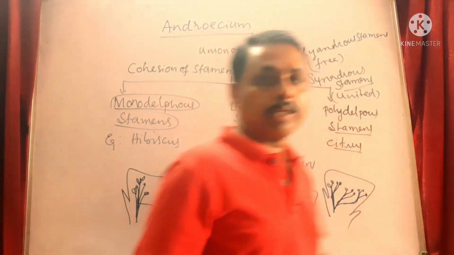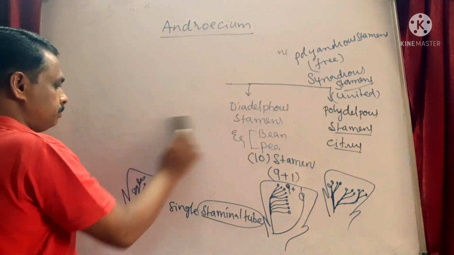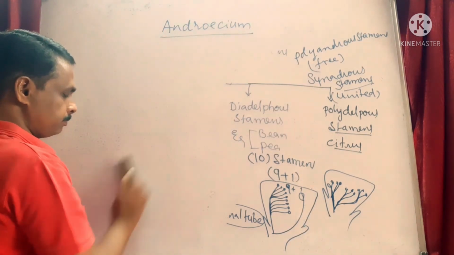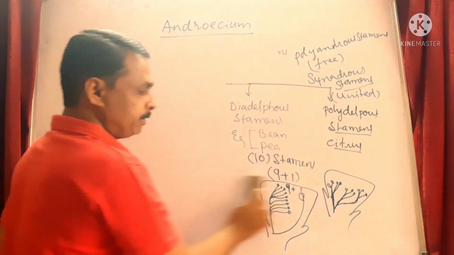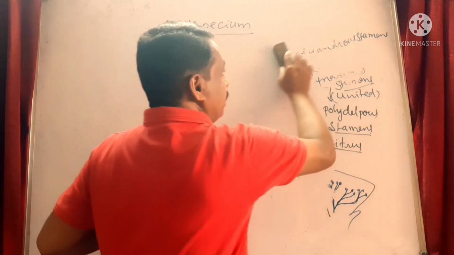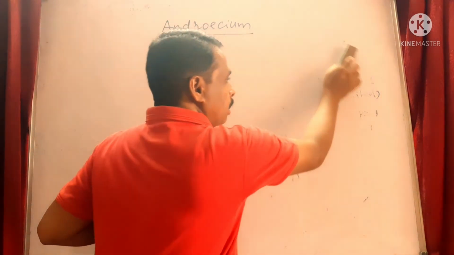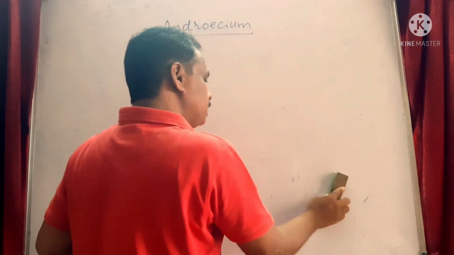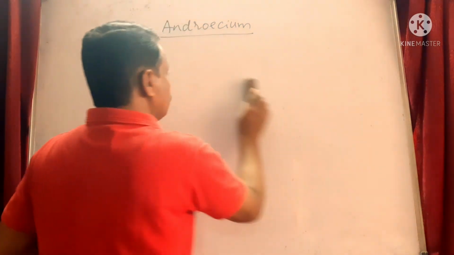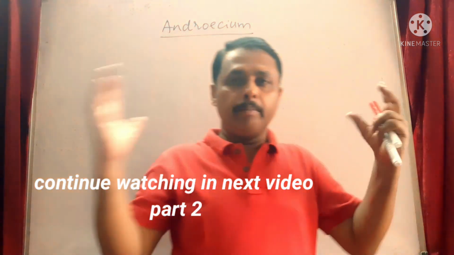Then next, when we talk about the position of stamens in a flower, usually the length of stamens is the same in the majority of plants.